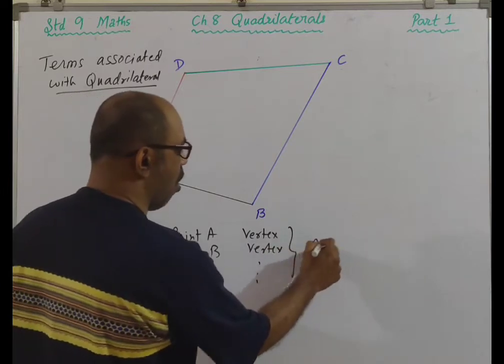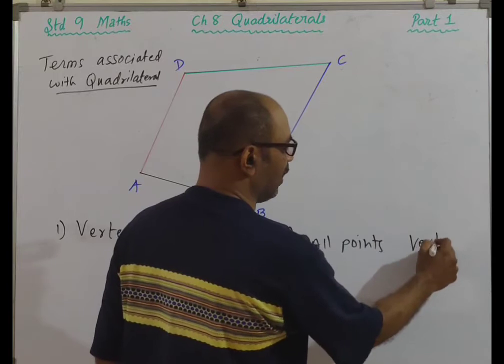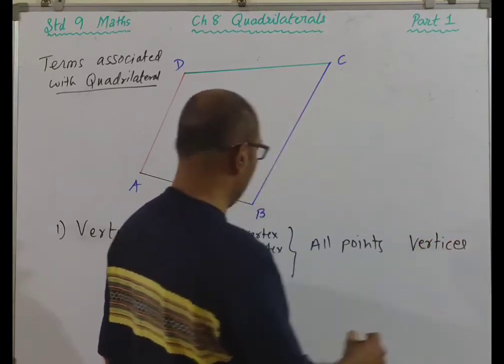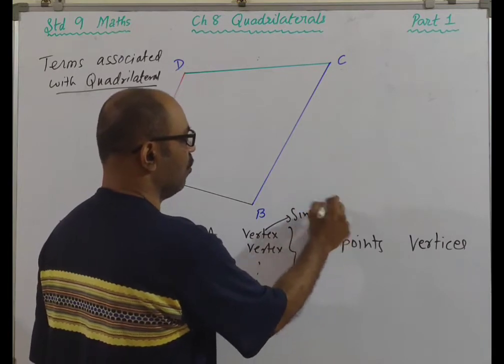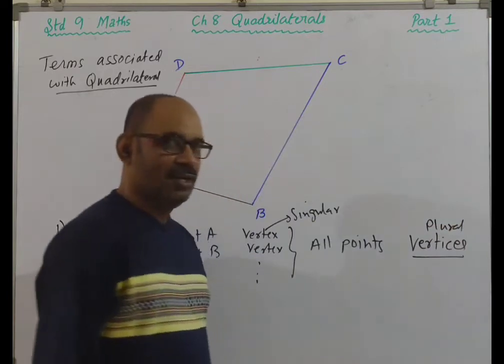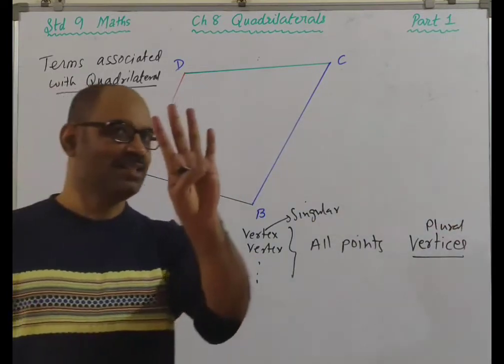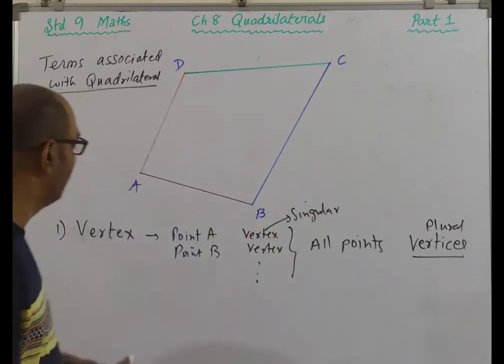But if you consider all points together, then the plural word is vertices. Singular is vertex and plural is called vertices. So every quadrilateral has 4 vertices. This is the first term associated with quadrilateral.